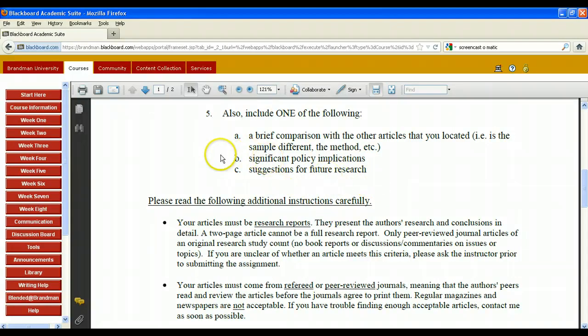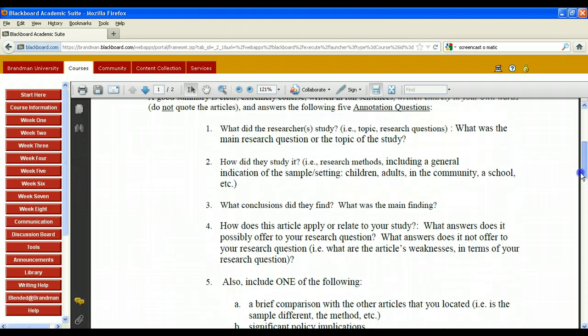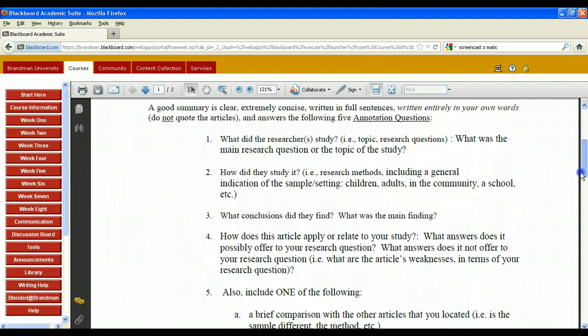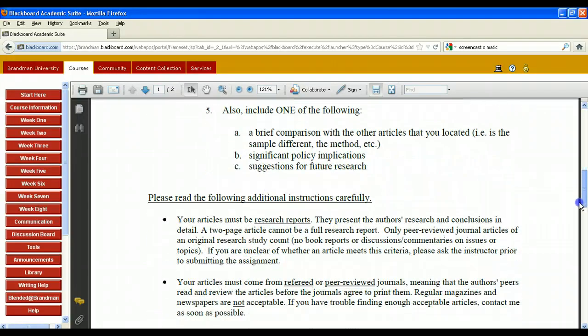Most, if not all, of your 4 peer-reviewed research articles will either give significant policy implications or suggestions for future research. If your article doesn't do either one of those things, then you give us a brief comparison with the other articles that you located. So those are the 5 things that your 200 to 250 word paragraphs should include.